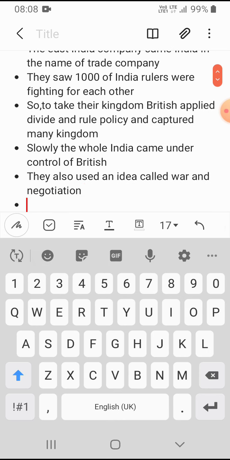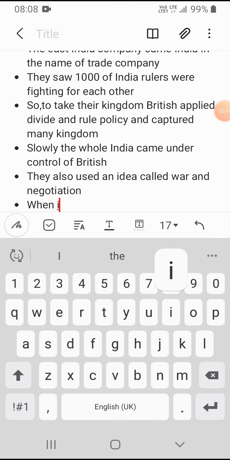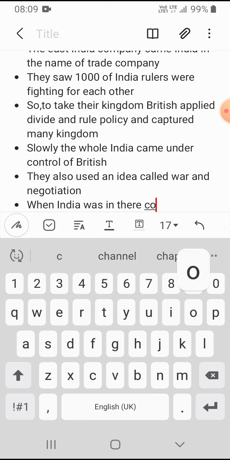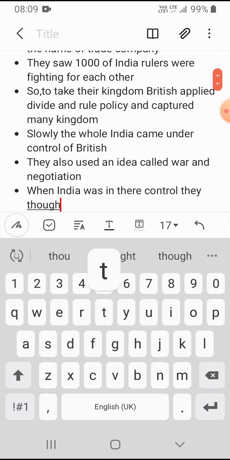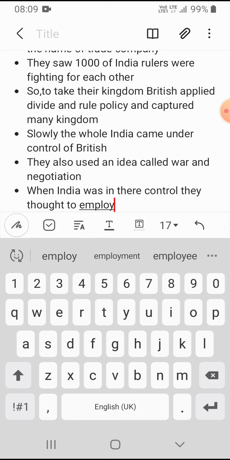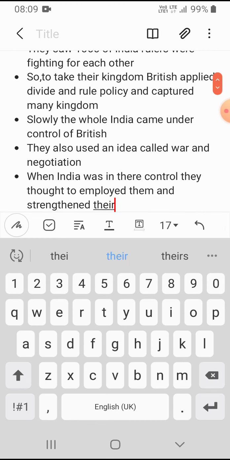When India was in their control, they thought to employ the Indian people in the British army and strengthen their hold on India.